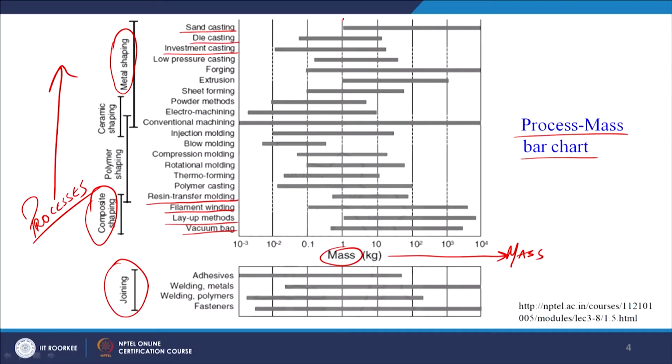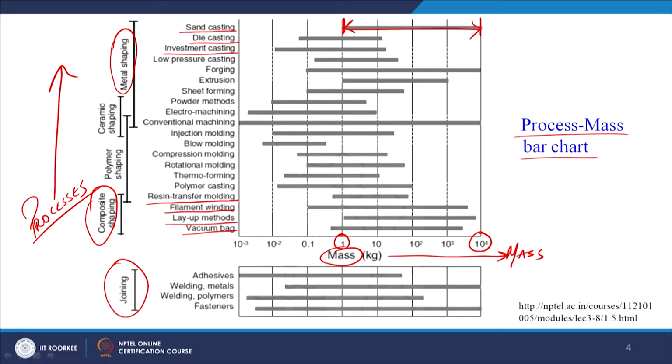Now let us take an example. We have already mentioned it in the previous slide. For sand casting, you see the range starts from here and goes till here, and if we drop this down, we can see from 1 kg we can go up to 10 to the power 4 kg. So this is the working range for the sand casting process.